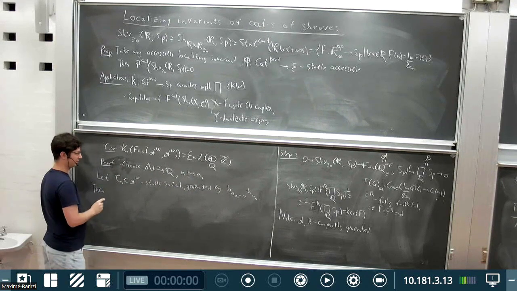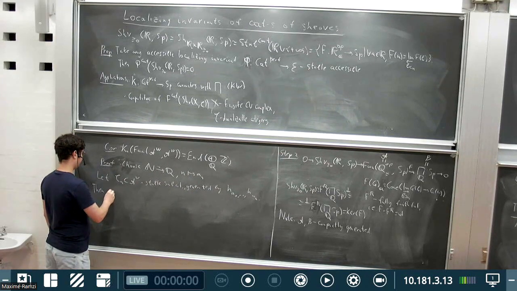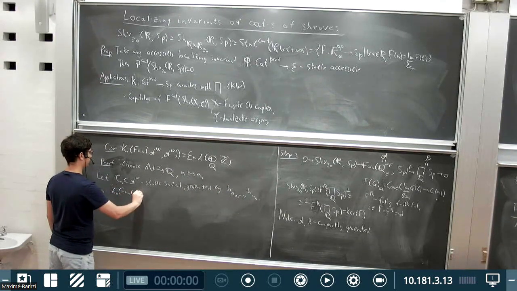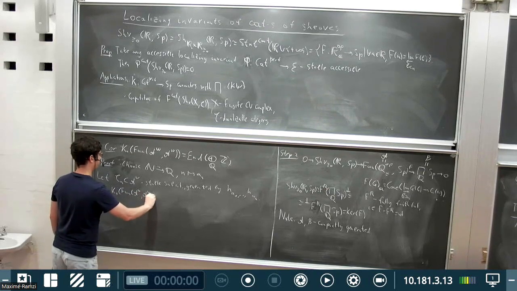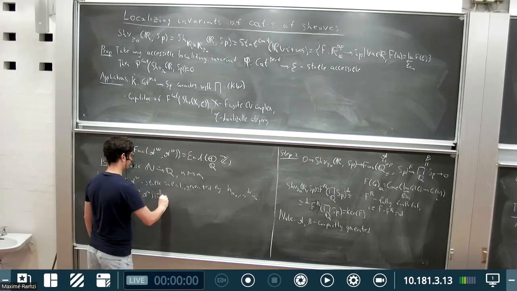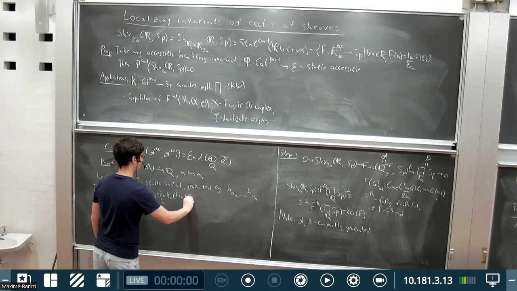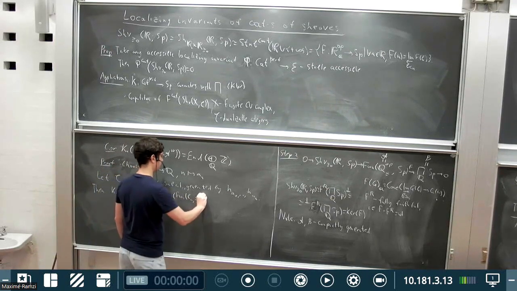Then what you get is that K0 of the functors of A omega is the same as the inverse limit of K0 of functors from Cn to A omega.